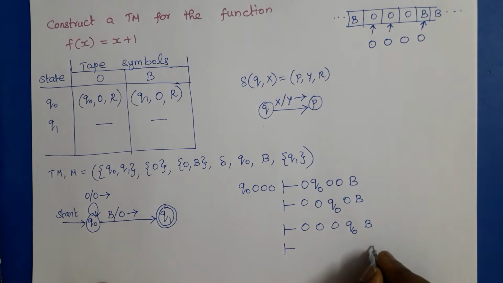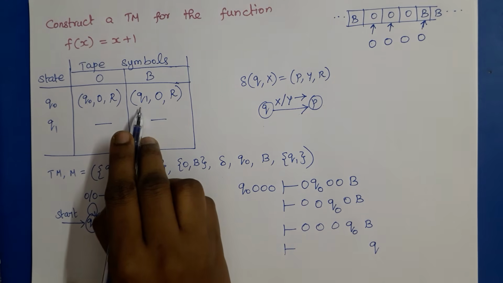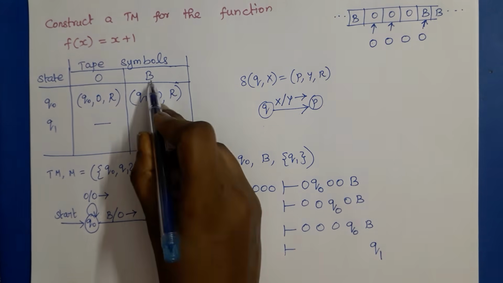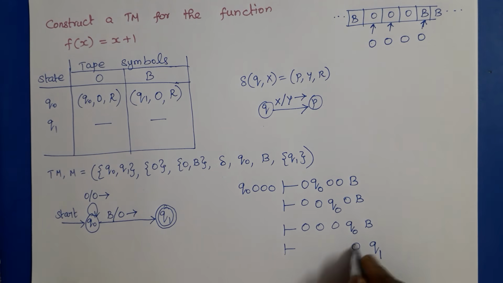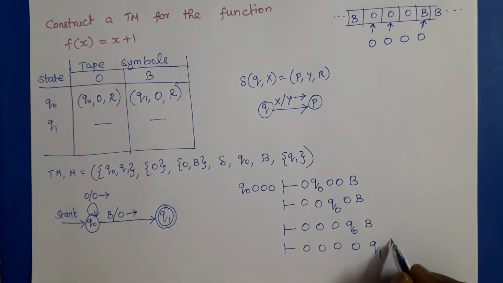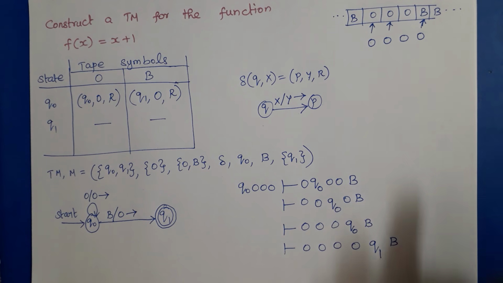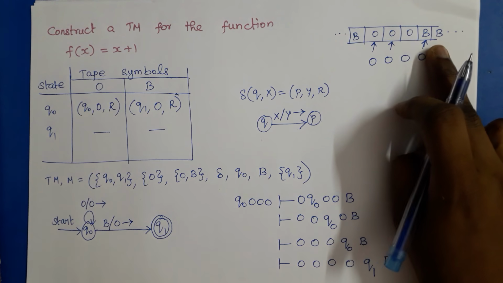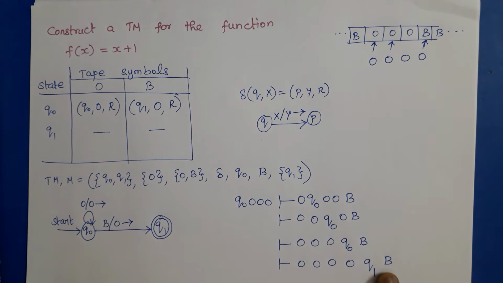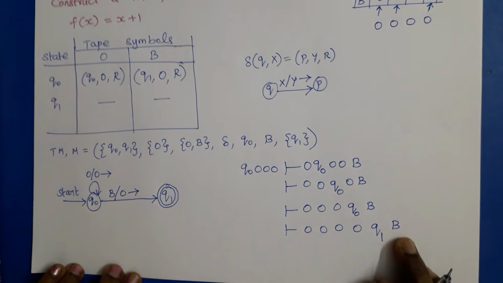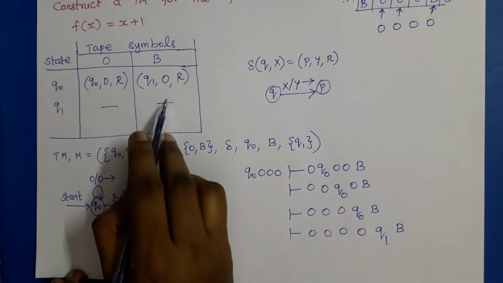Move is right move and state becomes Q1. This blank is replaced by 0. Now write the remaining symbols. The next symbol is also blank, because all the tape cells infinite to the right side as well as left side will hold blank. So Q1 blank. Now what is the transition for Q1 and blank?